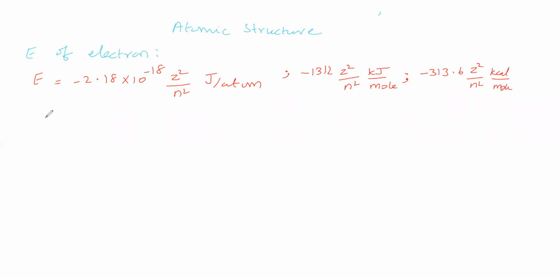So now we will see in terms of electron volt. 1 electron volt means this E is called charge of electron. V is called voltage, that is called potential difference.